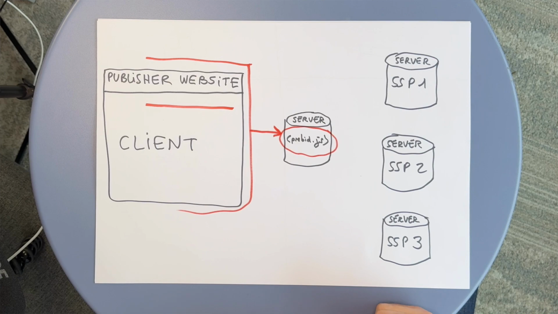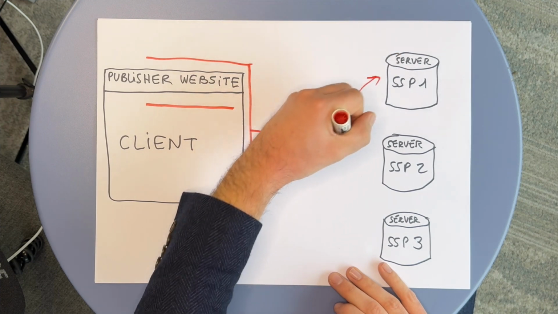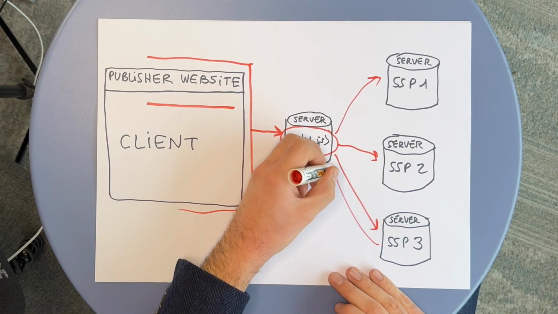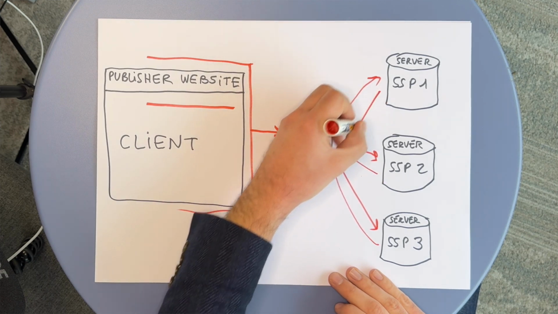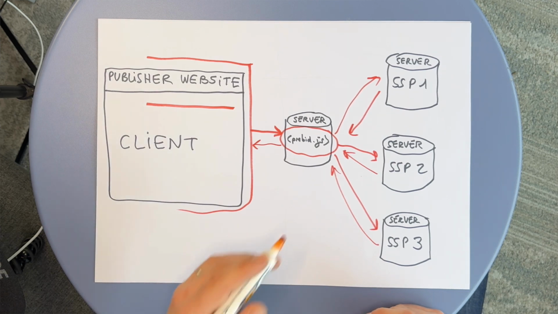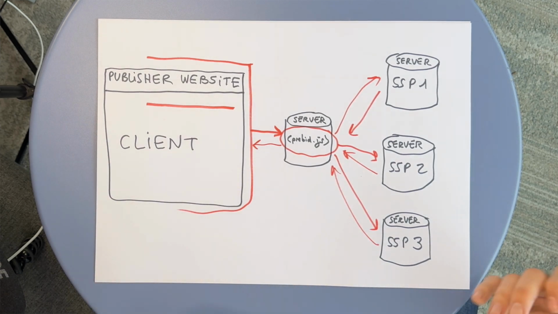In this case, that's an external computer, the server or the cloud, that will do all the calls to all the different SSPs and then get the different answers from all the SSPs and bring the best or all answers to your client or to your ad server.